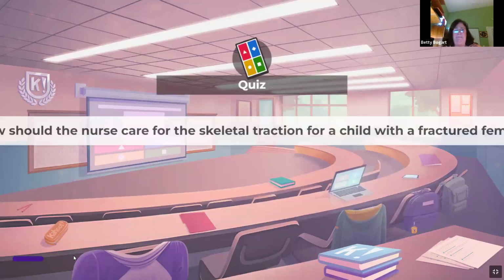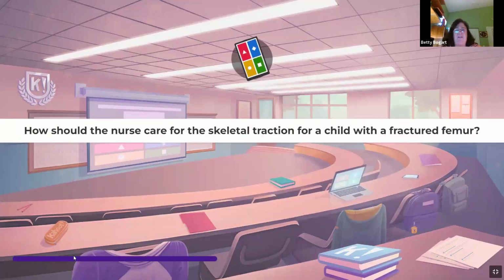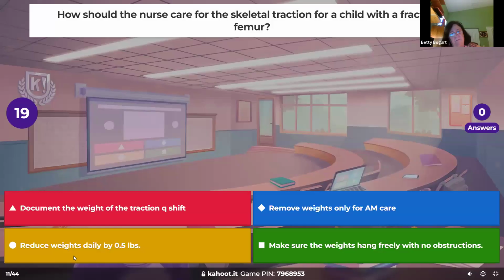A multi. How should the nurse care for the skeletal traction for a child with a fractured femur?